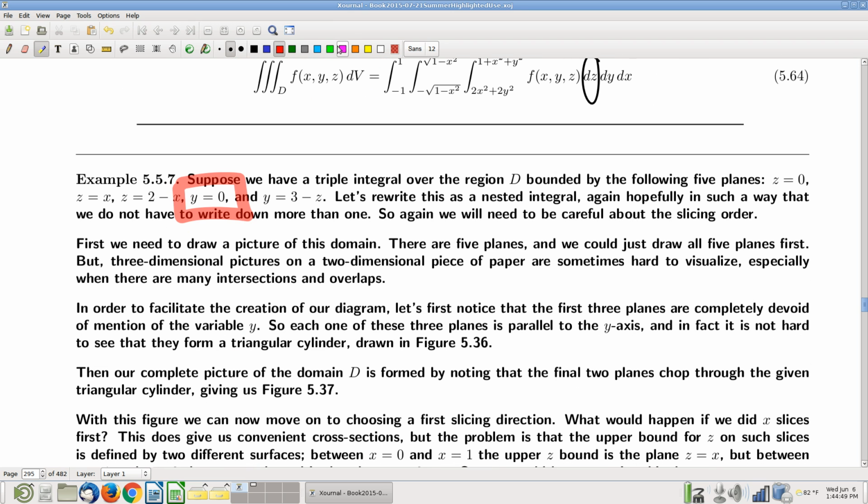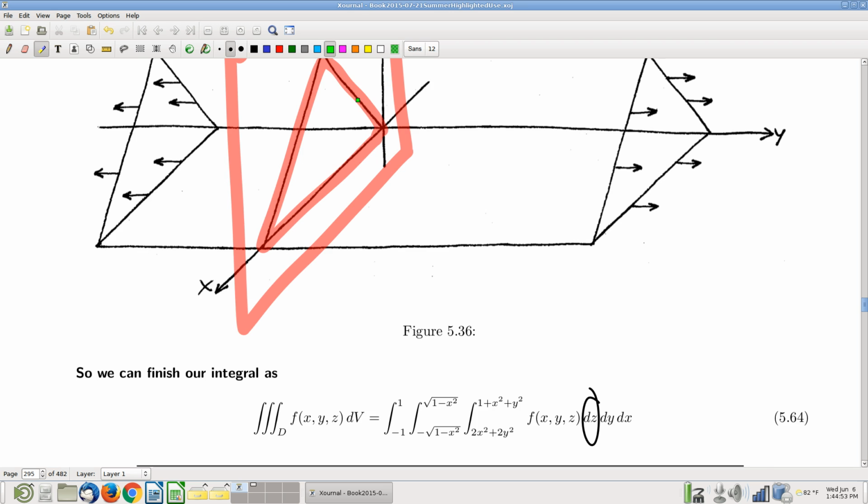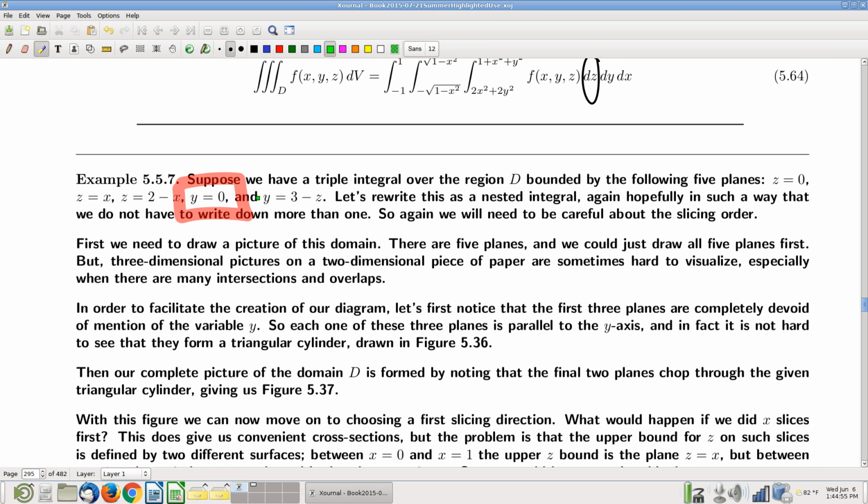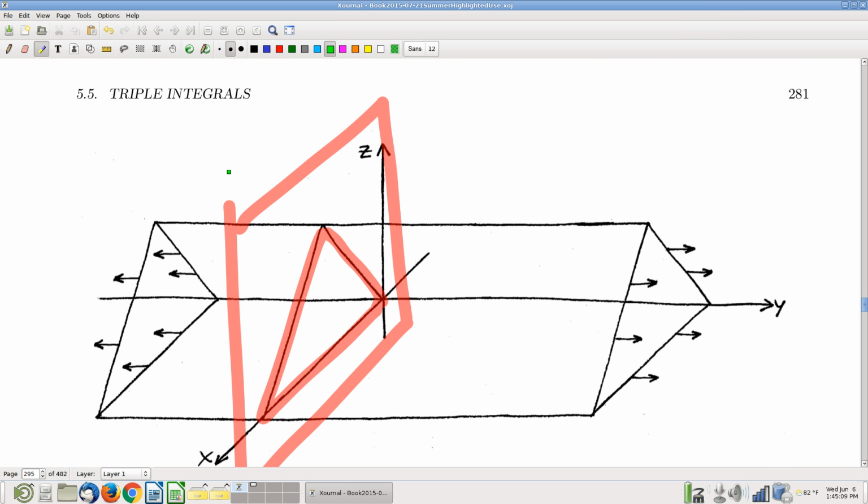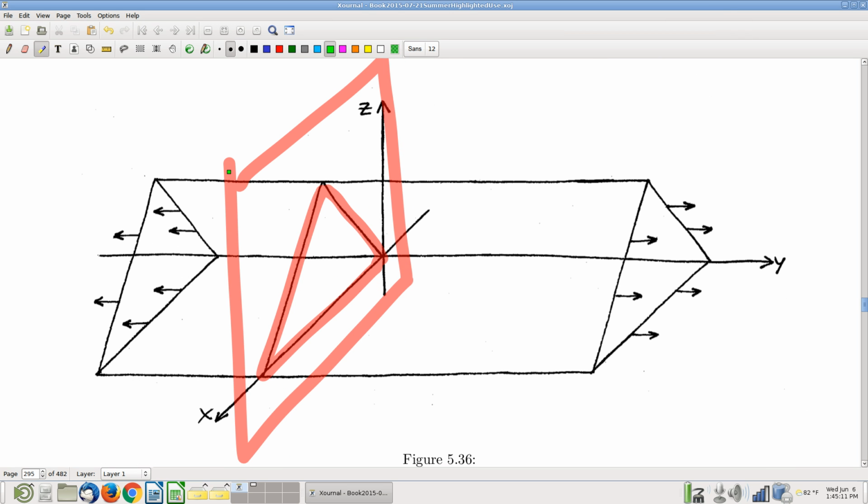And then we have, let's see, what color did I use? Did I use green already? It doesn't matter. y equals 3 minus z. No x's. Notice there's no x's in here. That means this plane is parallel to the x-axis, with y plus z equals 3. Parallel to the x-axis, y plus z is equal to 3.